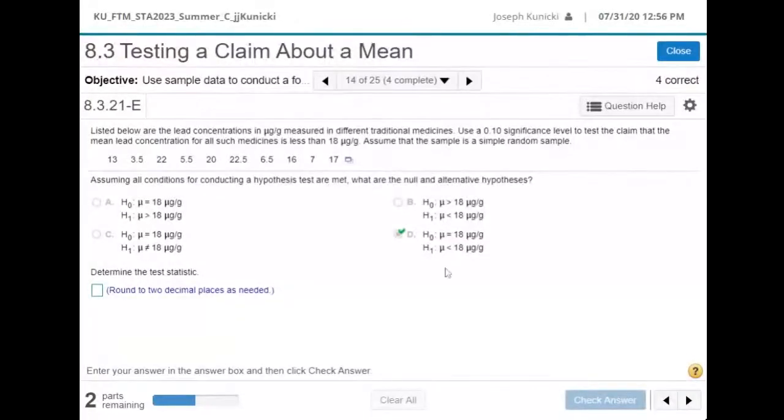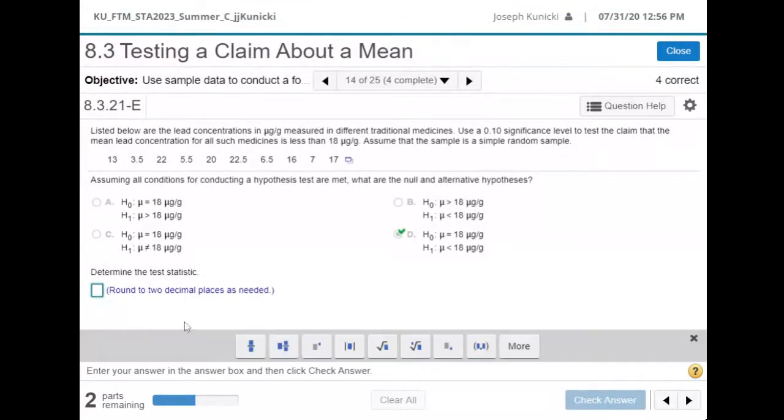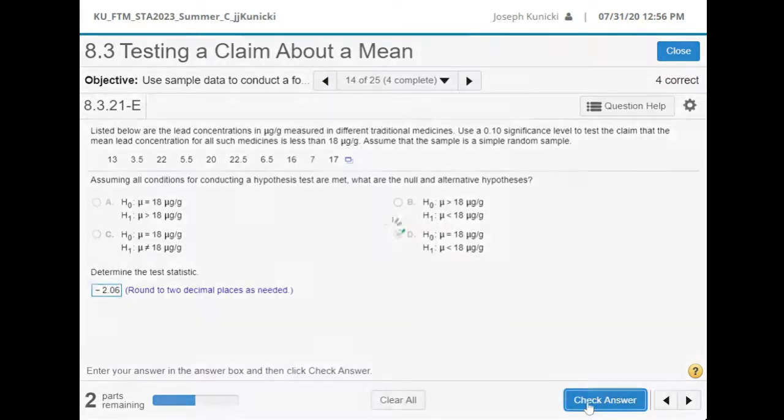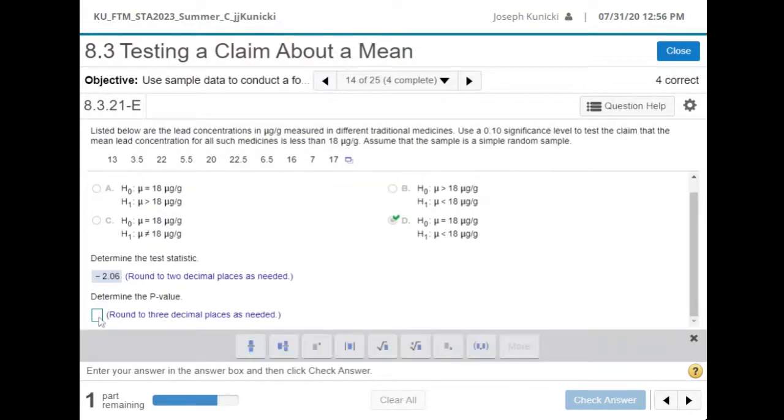You see, they're claiming that it's less than 18. And so if we reject the null, that means we're going to support the claim, which is less than 18. So test statistic was minus 2.06. The p-value and the readout we got was 0.035.